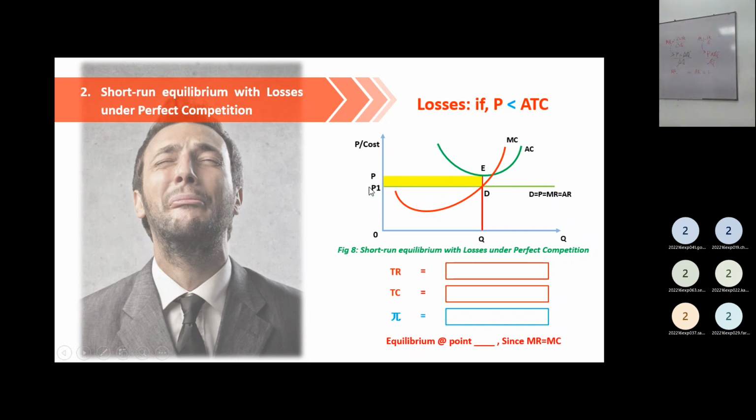If you multiply your P1 by its corresponding output level, you are getting your total revenue, which is equal to this entire white color area. So your total revenue is P1, P, Q, and 0.